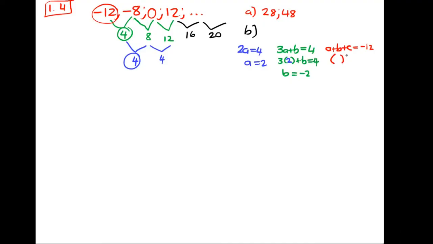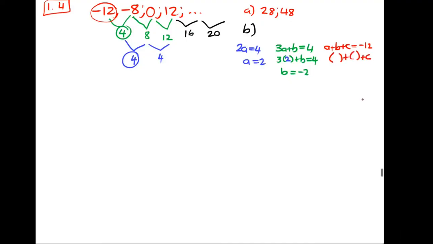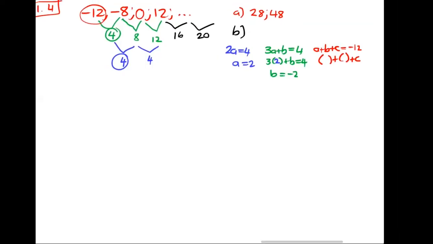Then a plus b plus c equals negative 12. And we've worked out b is negative 2. We worked out a is positive 2. So this becomes 0, and c is minus 12.